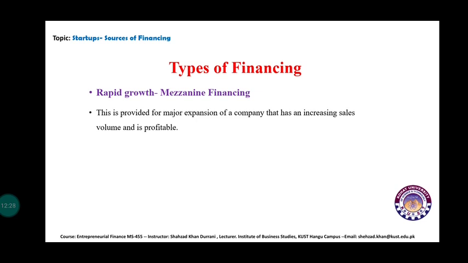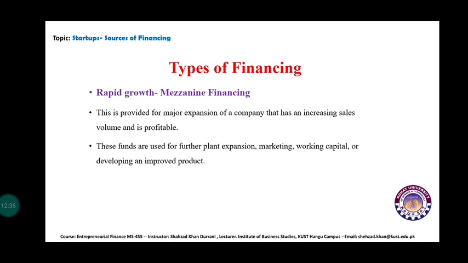So your sales are increasing, the volume of your sales is increasing, and your company is profitable. These funds are used for further plant expansion. So here you are expanding your business, marketing activities are increasing, working capital, or developing an improved product, right? So you are working on the design and the shape of your product, on the quality of your product, right?